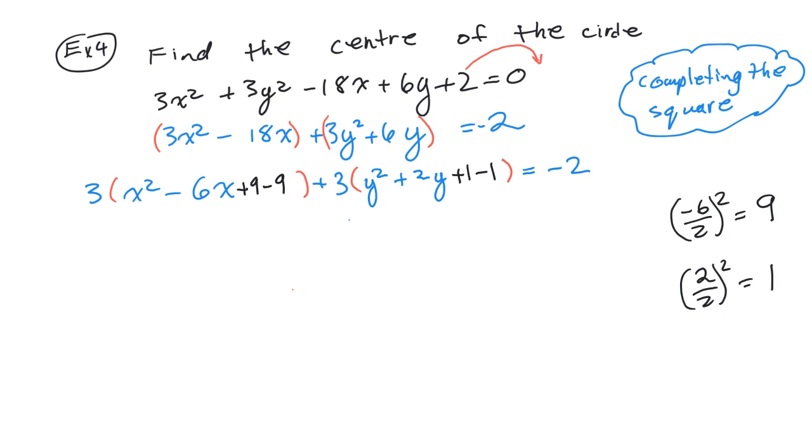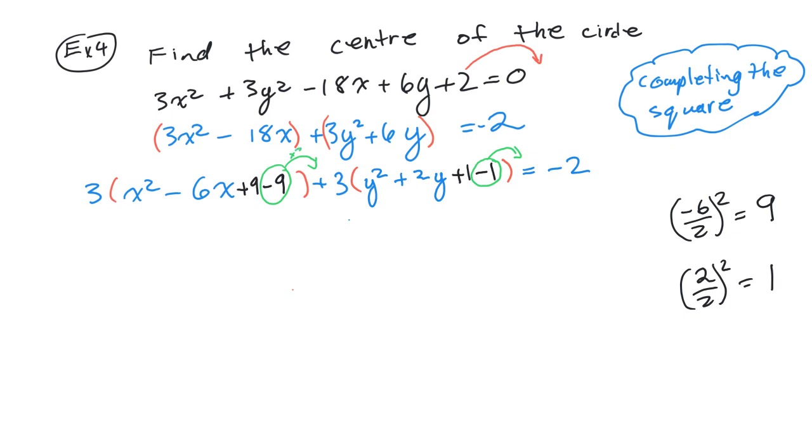So now that we've done that, this allows us to take this negative 9 from this bracket, and we're going to move it out. We're also going to do the same for this negative 1 and move it out. Now, when we move it out, we need to times whatever that 9 is by the number sitting in front of our bracket.